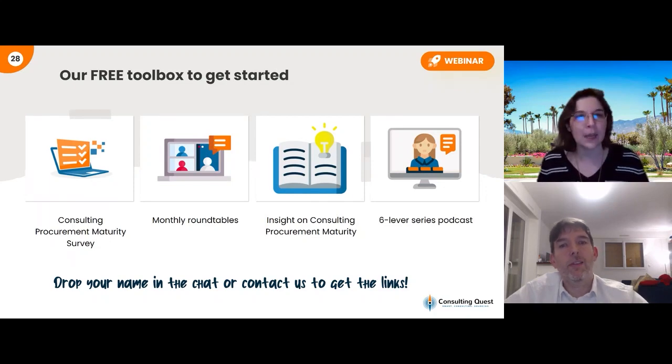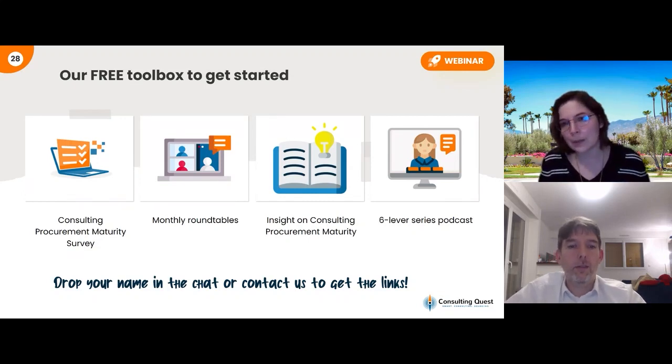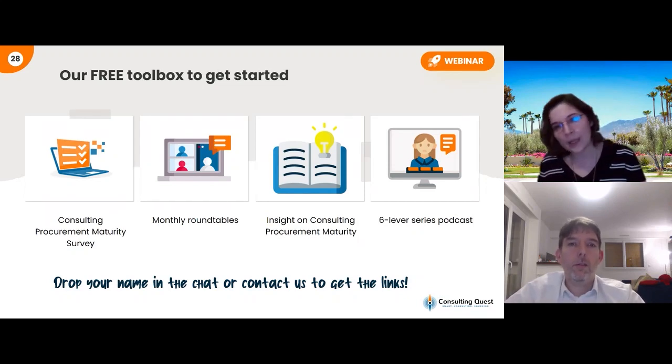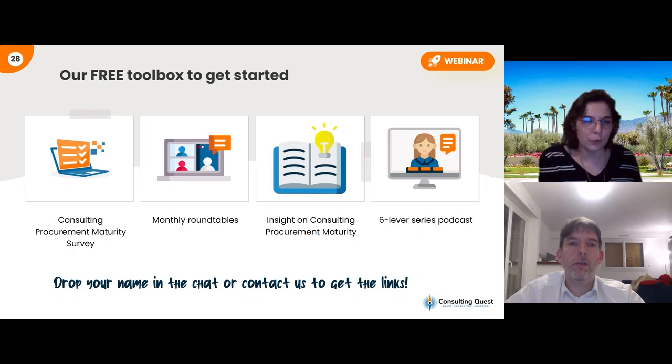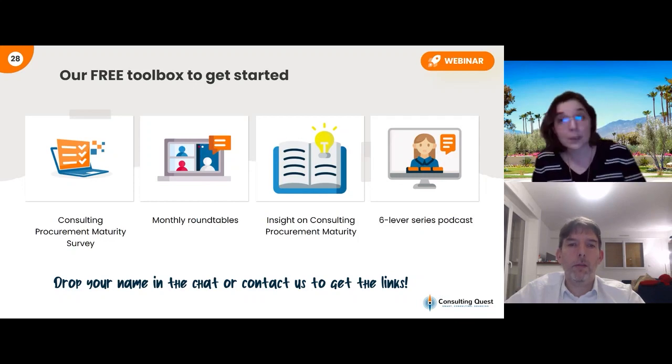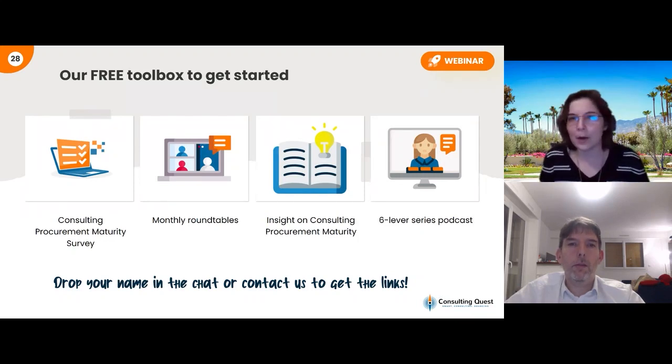But the idea is to get together with other executives from the finance and procurement space, and to talk about your challenges, the solutions you've tried to implement and your successes, and then see together what other options we could go to.